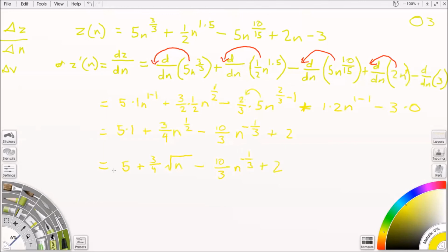Now plus 2, and now these two can come together, and we'll order this so that it's 3 over, we'll just bring this out the front, and 1/2. The minus is here, so we go minus 10 over 3, and 1/3, and 5 plus 2 is 7.